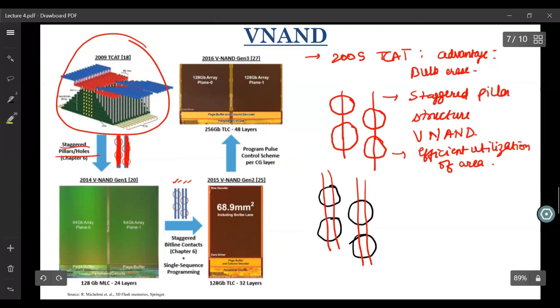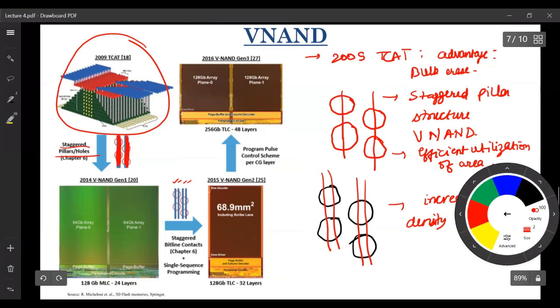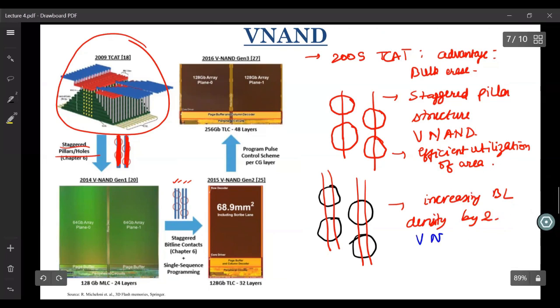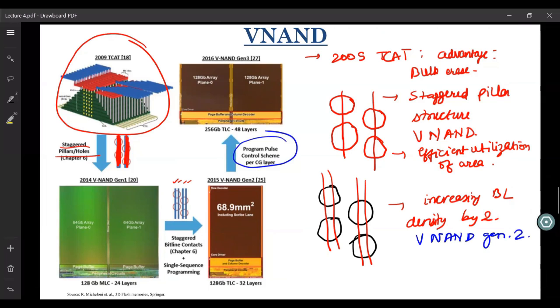This helped in increasing bit line density by 2. This was introduced in VNAND generation 2.